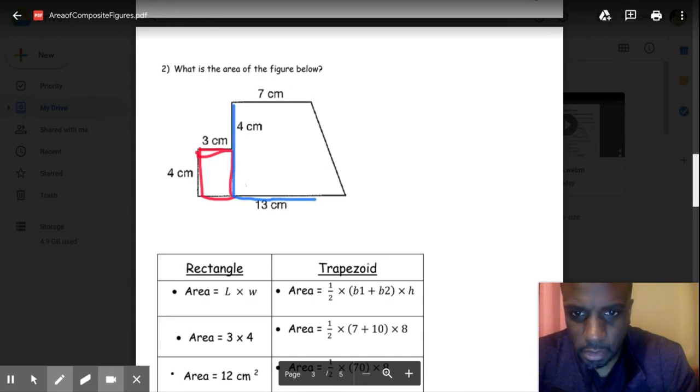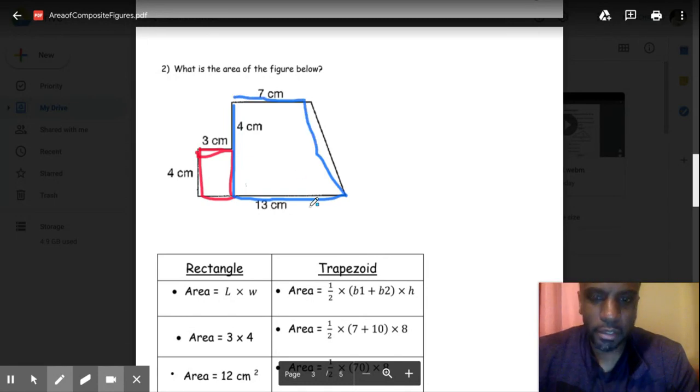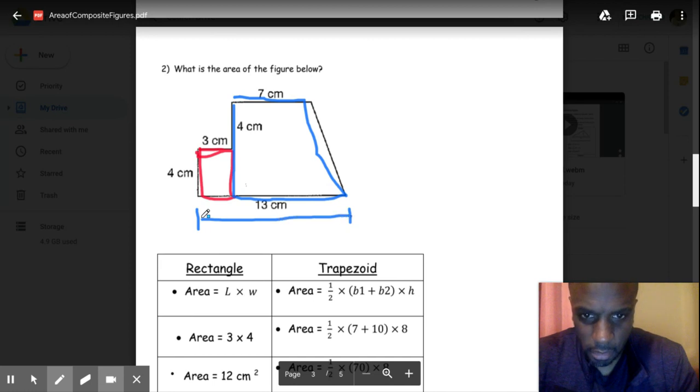Bam, bam, bam, bam. Now here's the trick. This length from here all the way to here is 13. Okay? That's 13. But that is not the length of this trapezoid. The trapezoid stops right here.